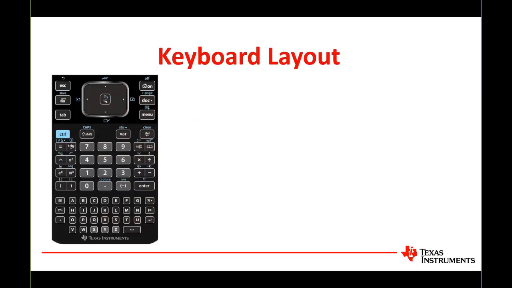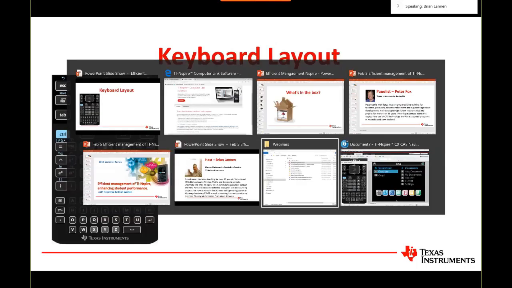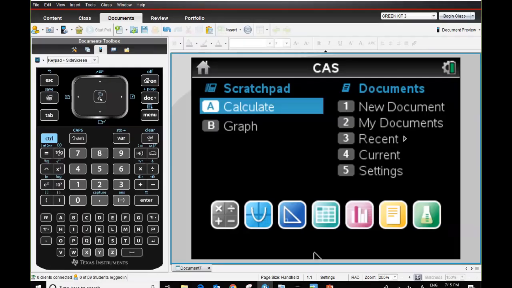So firstly, in the keyboard layout, whether you're using the software or whether you're using the calculator, I'm just going to quickly show the software so that you see what I mean by that. This is how I run the software when I'm demonstrating in a class. So you see here the calculator on the left is kind of chopped off. It doesn't have the screen above. I can make it show the screen above.